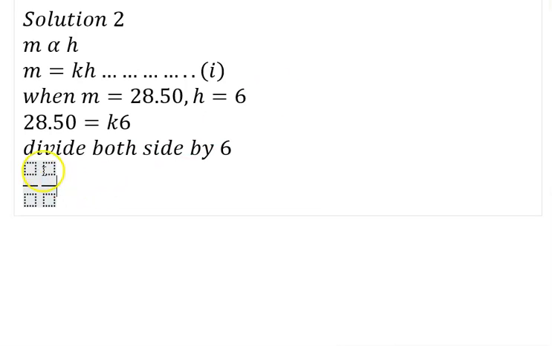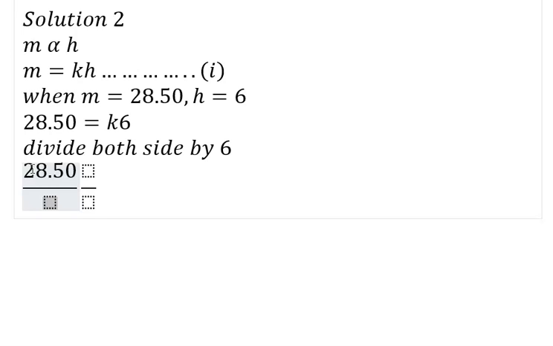Awesome. So here we have 28.5. We are dividing by 6. We have K times 6 on this side, and we are dividing by 6. Awesome.